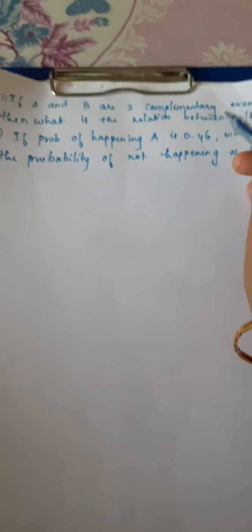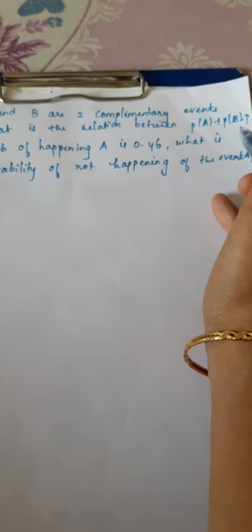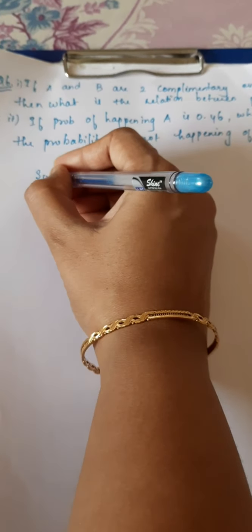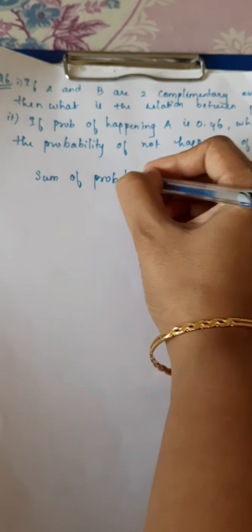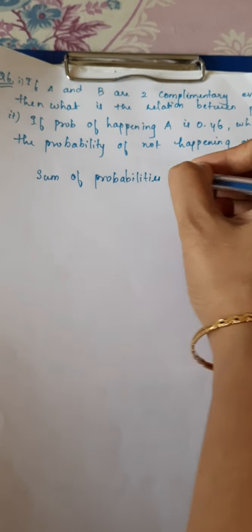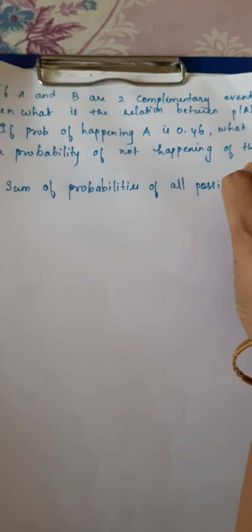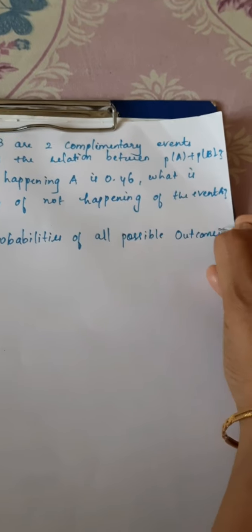So next question, if A and B are two complementary events, then what is the relationship between P of A and P of B? So the basic thing we need to know for probability is the sum of probabilities of all possible outcomes is equal to 1.